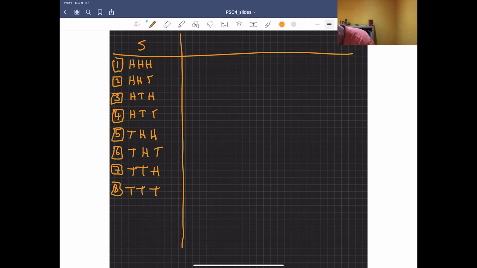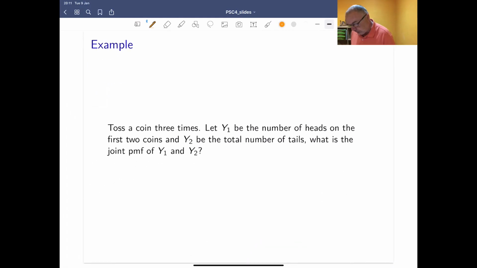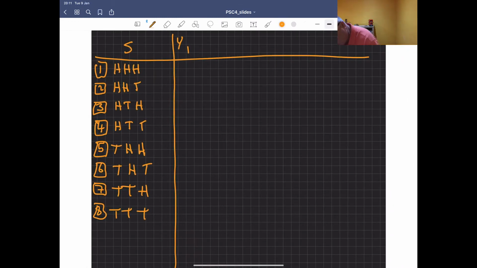So let's think about y1. So if we remind ourselves what y1 is, it is the total number of heads on the first 2 coins. So here we have 2 heads, 1, 1, 1, 1, 0, and 0.